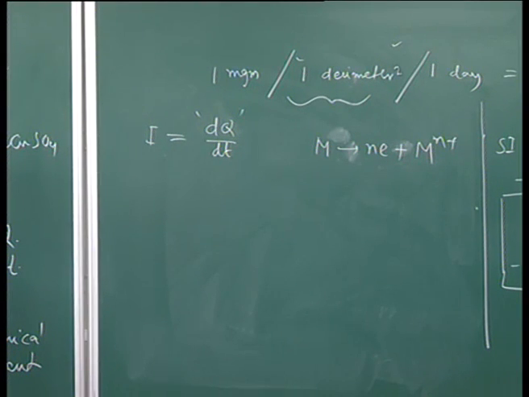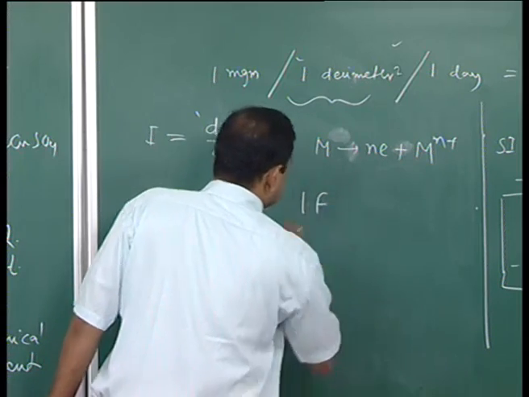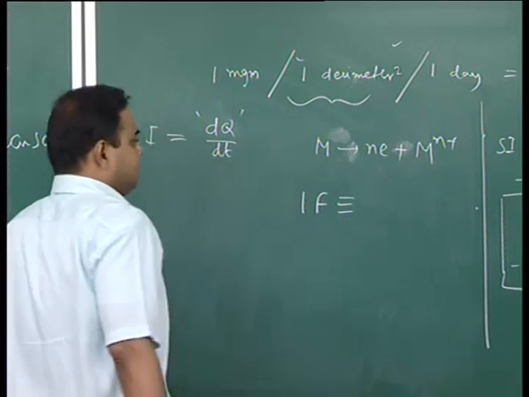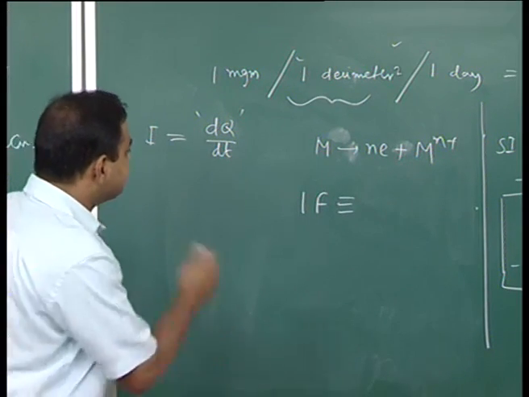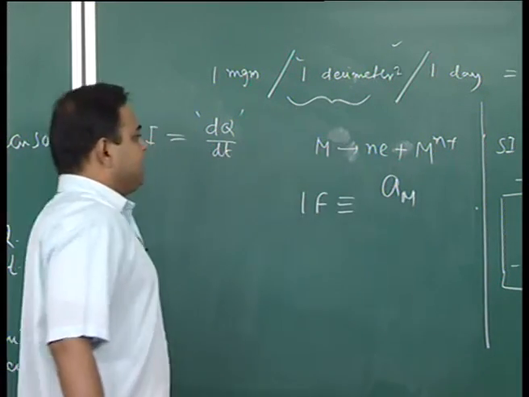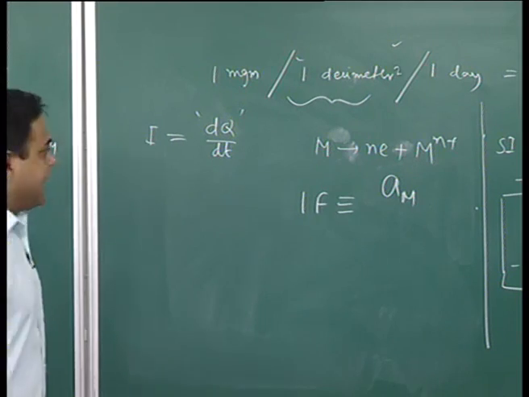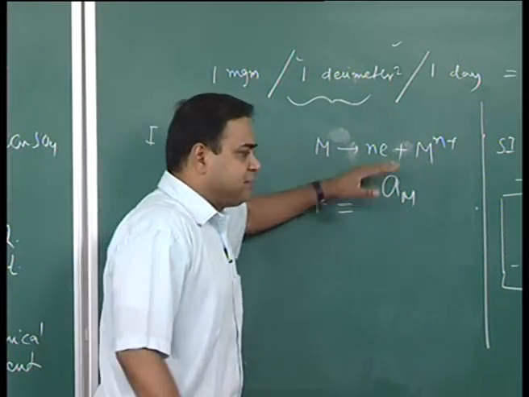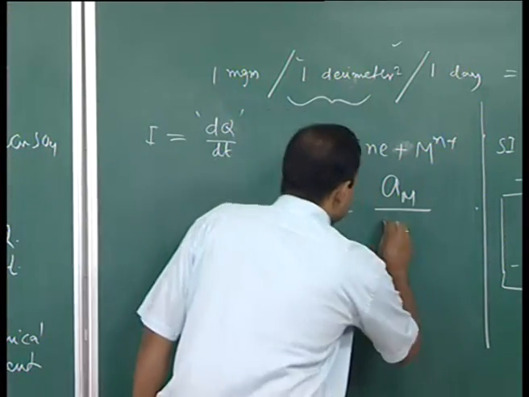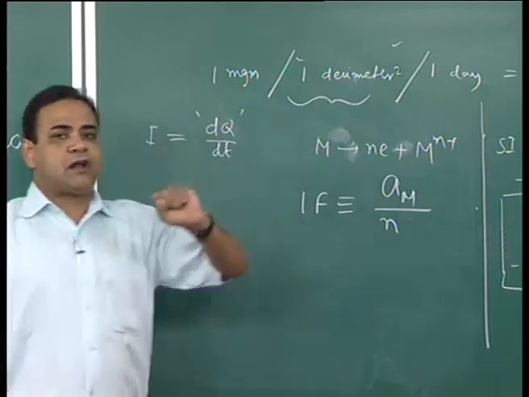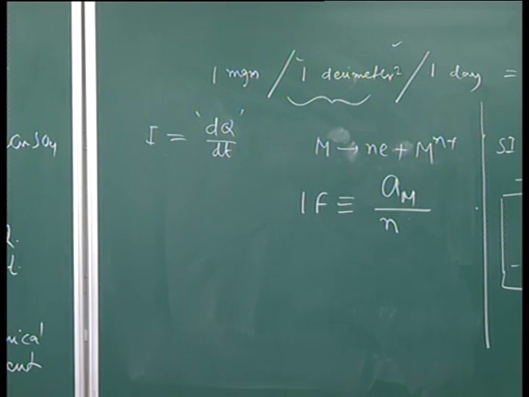In this case, let us say I supply 1 Faraday of electricity, then this would be equivalent to 1 gram equivalent. In this case the gram equivalent would be, if A_m is my atomic weight of metal M and there are n number of electrons involved for this oxidation process, A_m by n. So, 1 Faraday would mean this much gram of metal M will be coming into the solution.